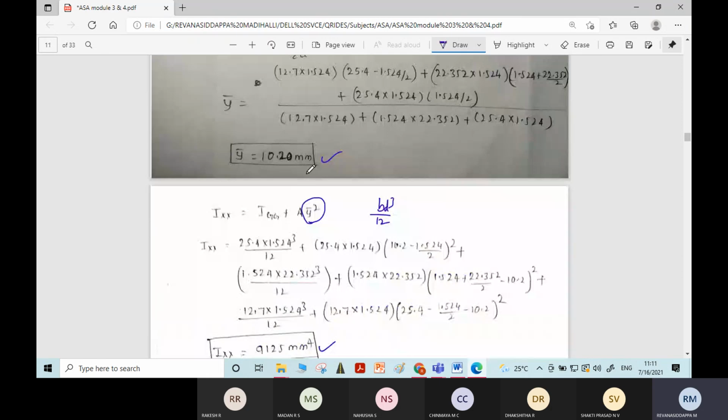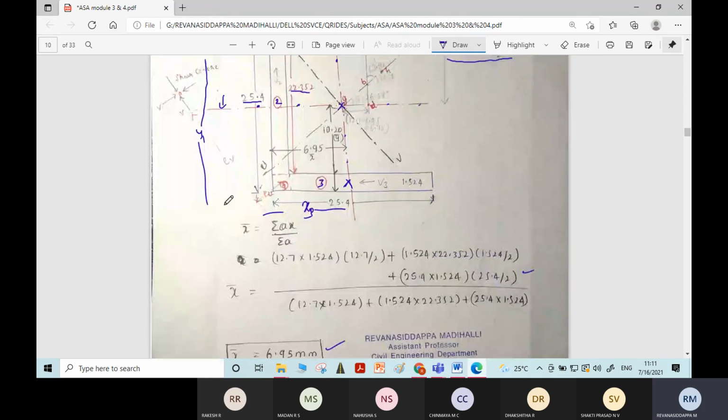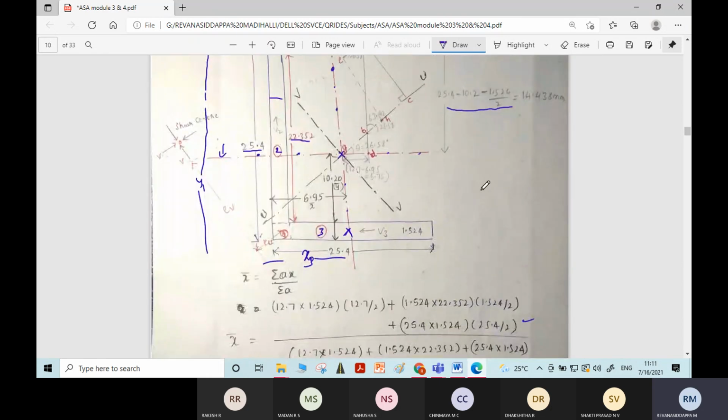Y bar how much we got? 10.2 we got, means the distance from here to here we got as 10.2 mm.